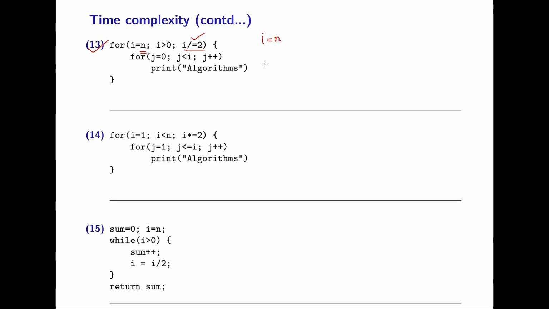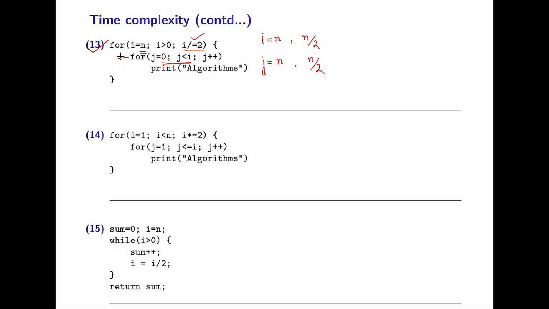When i is equal to n, how many times is j going to run? j is going to run from 0 to i minus 1, means what? j is going to run for i times. So when i equal to n, j will be equal to what? n times, right? Next, the next value of i is what? n by 2. So j is going to run for what? n by 2 times. Because j is going to run from 0 to i minus 1.